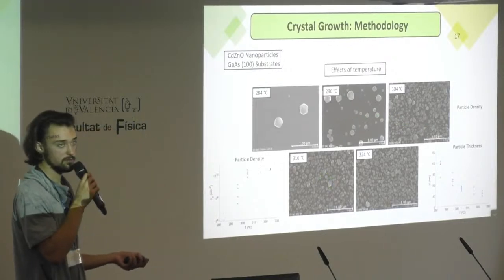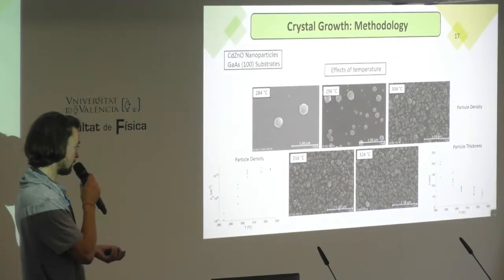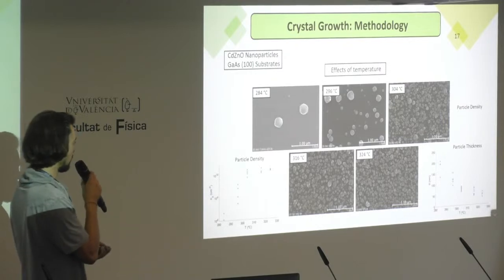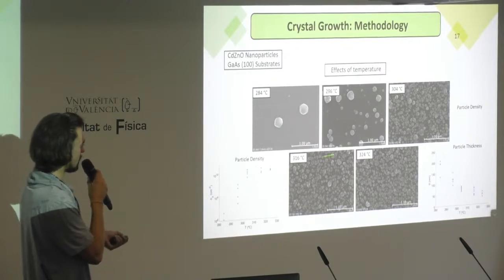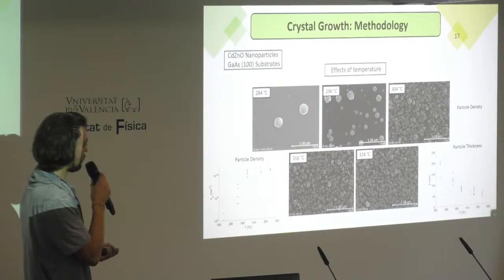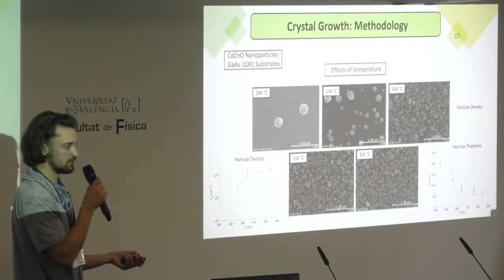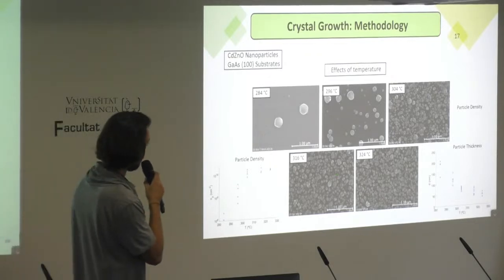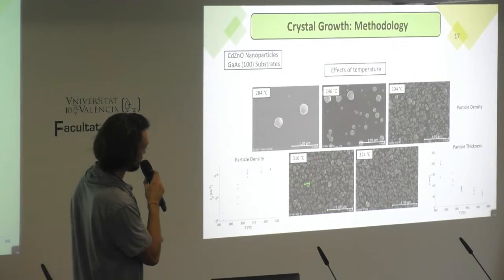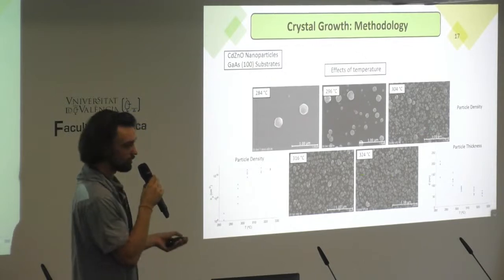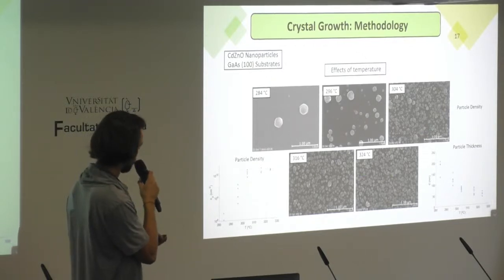If we want to use it for increasing the detectivity of photodetectors, we can't have this, because the substrate is almost as it was before. We would prefer something like this, in which most of the substrate is covered. So we know that we won't work with these two temperatures, but any of these three seems similar. In this range, we can change it, and there is no problem.